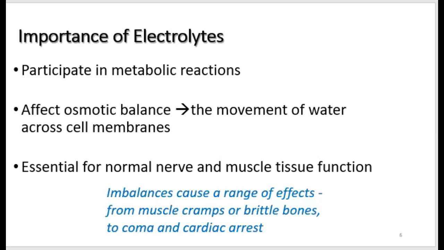Electrolyte imbalances or ionic compound imbalances can cause a range of effects. In some cases, muscle cramps would occur or bones would become brittle, but some more severe imbalances can even cause coma or cardiac arrest.